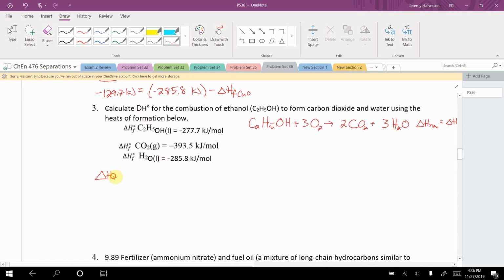So I know the delta H of this reaction is going to be the sum of n times the delta H of formation of my products minus the sum of n times delta H of formation of my reactants.